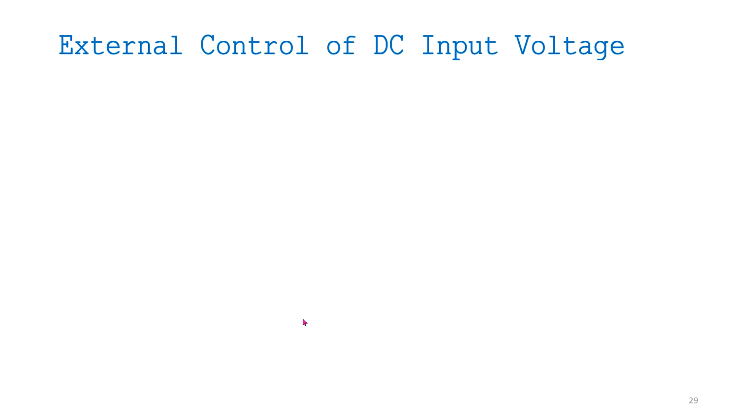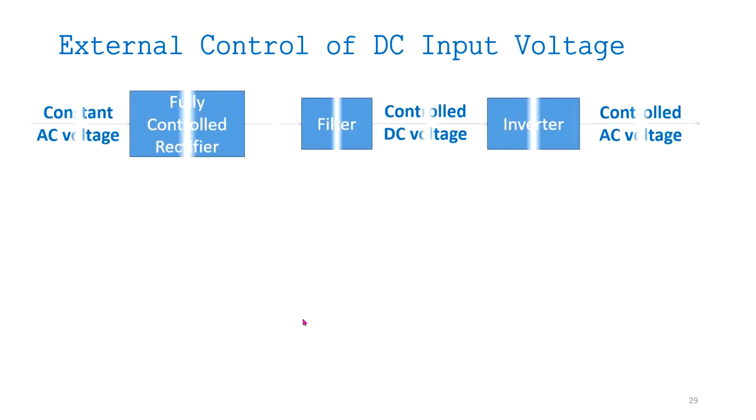Now the next thing is external control of the DC input voltage. Previously we discussed external control of the AC output voltage. Now we will go for the DC input voltage. What will happen in this case?